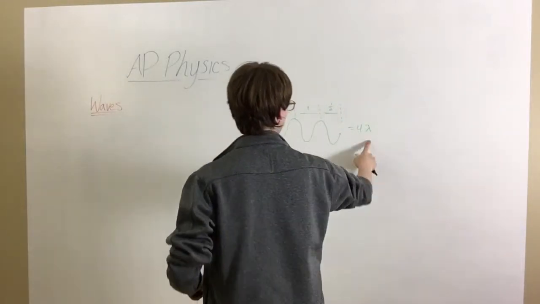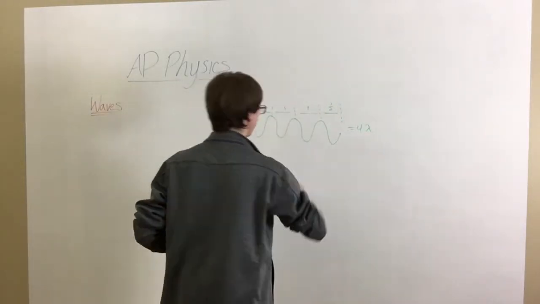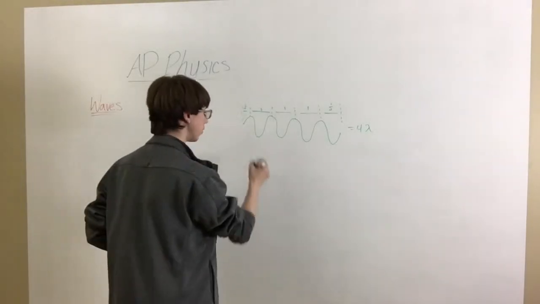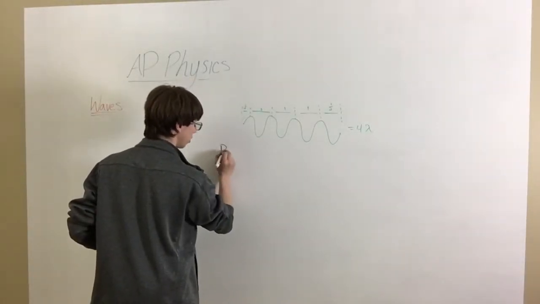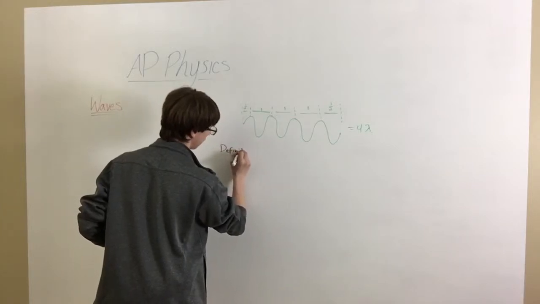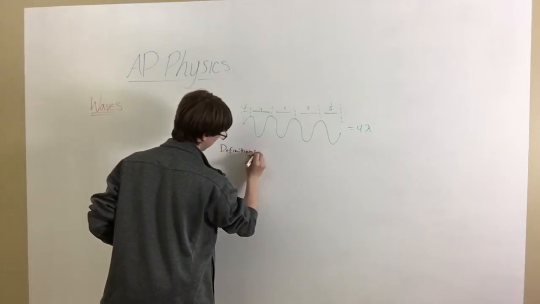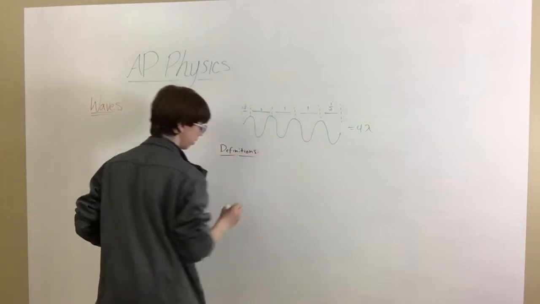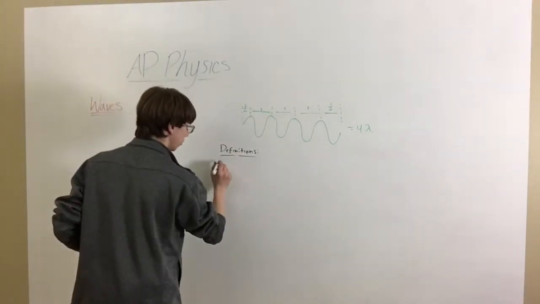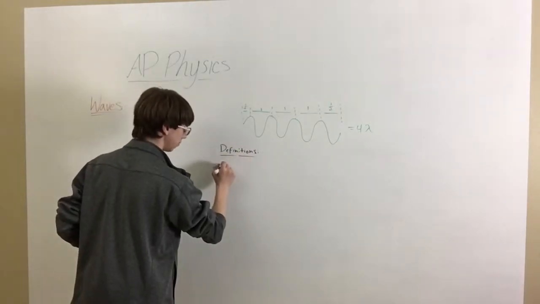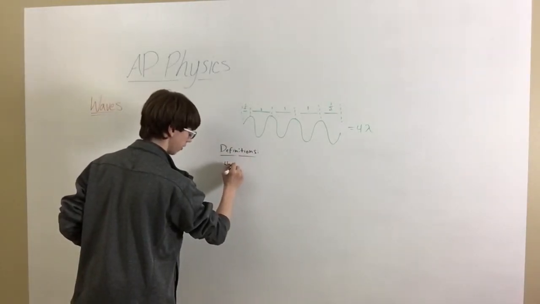Alright? And so what is the relationship between the wavelength and the frequency? So let's define some terms here. Definitions. Right? And so let's give some definitions here. So what is a wavelength?